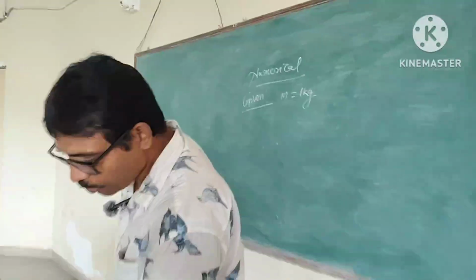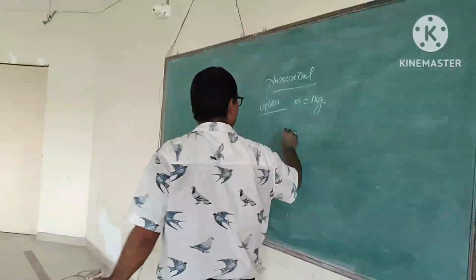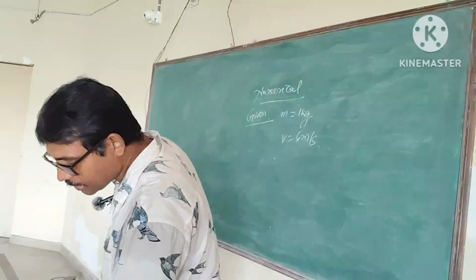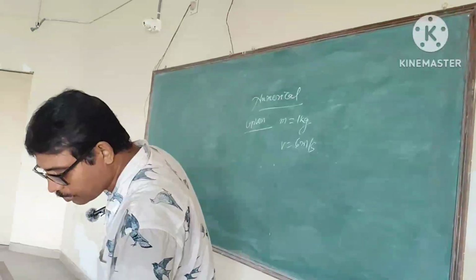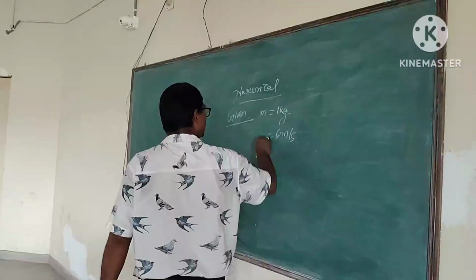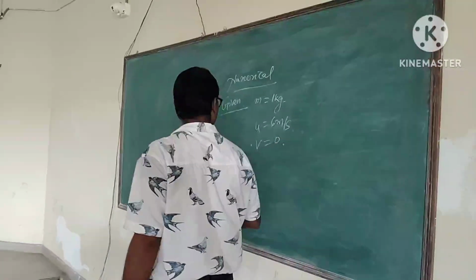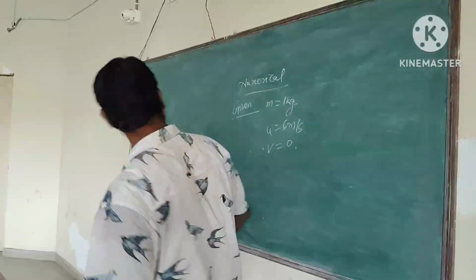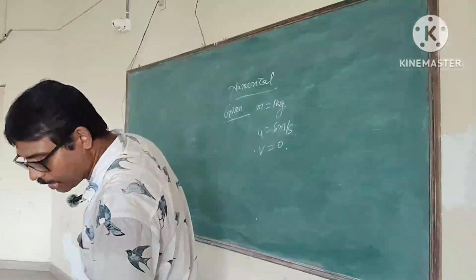Mass is 1 kg moving with a speed of 6 meter per second, strikes a wall and comes to rest in 0.1 second. That means V is equal to 0, U is equal to 6 meter per second.